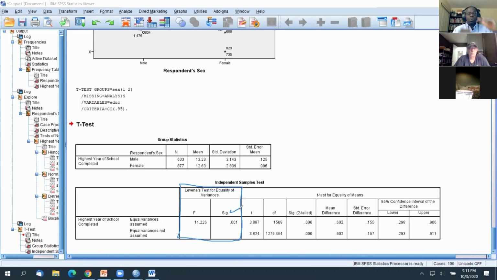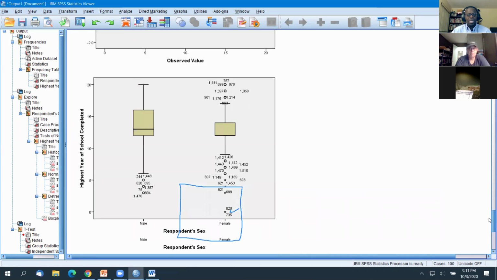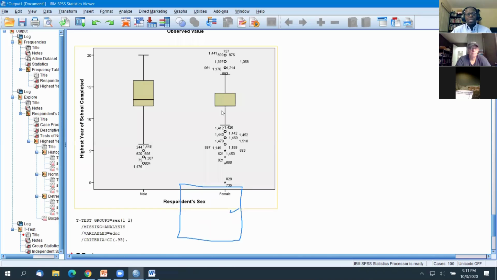And we already saw that the spread of the data was significantly different. Remember this? 25th percentile here, 75th percentile here, 25th percentile here, 75th percentile here. So that's why we saw a significant difference in the spread of the data. Does that make sense? Okay, great.